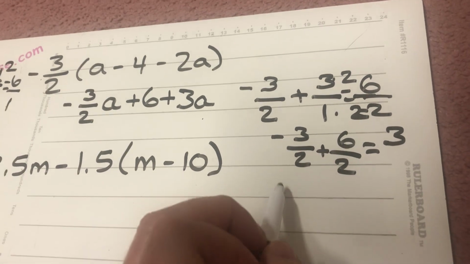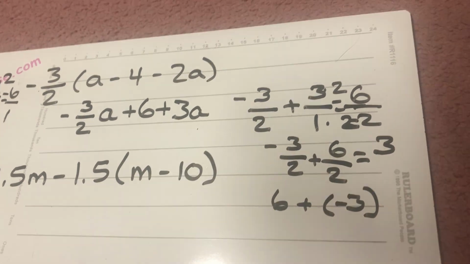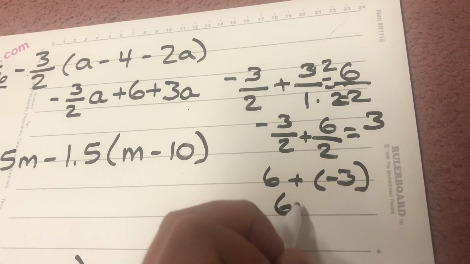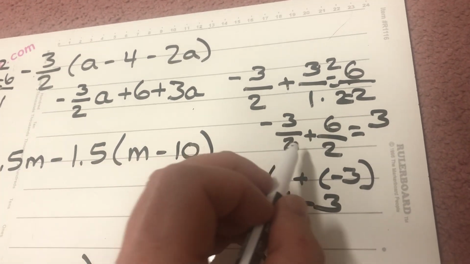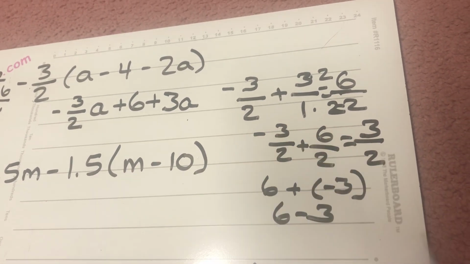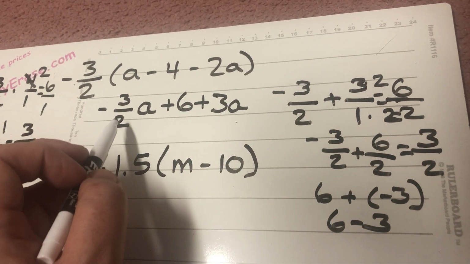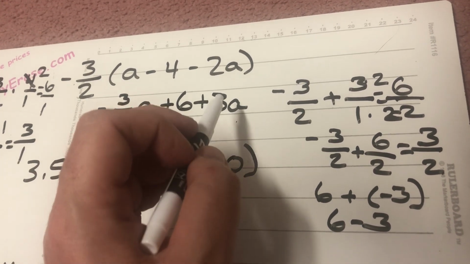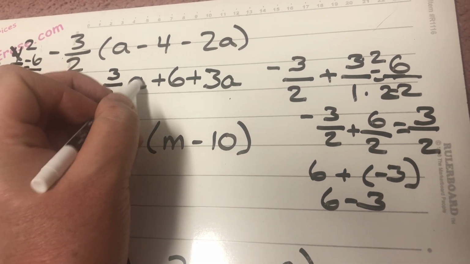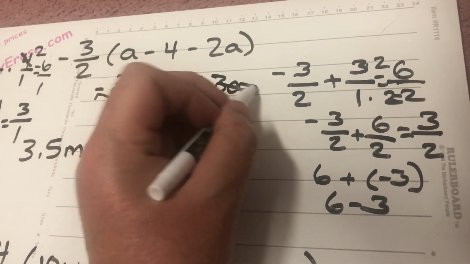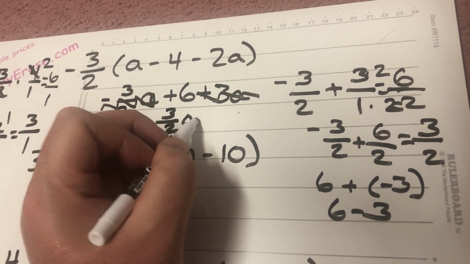Because I can also think of that as 6 plus a negative 3. I can always flip an addition problem around. 6 plus a negative 3 becomes 6 minus 3, and 6 minus 3 is 3. My common denominator, 2, stays the same, so I get 3 over 2. So I see that when I add a negative 3 over 2 plus 3, I actually end up with positive 3 over 2. So these two, once I add those together, become 3 over 2a.